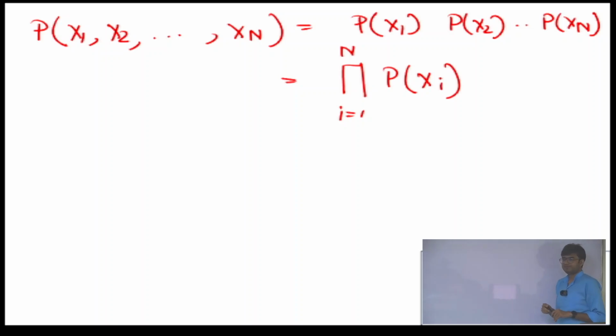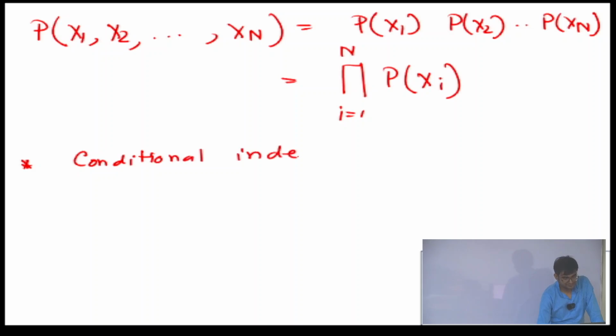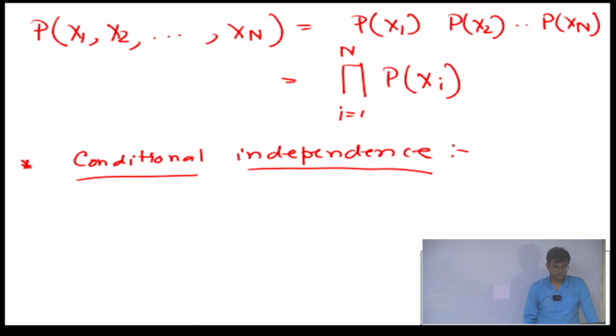There is something known as conditional independence. Obviously it has to do something with conditional distribution. Conditional independence is, given that event C has occurred, the occurrences of A and B are independent. If that is the case, then we call it conditionally independent.